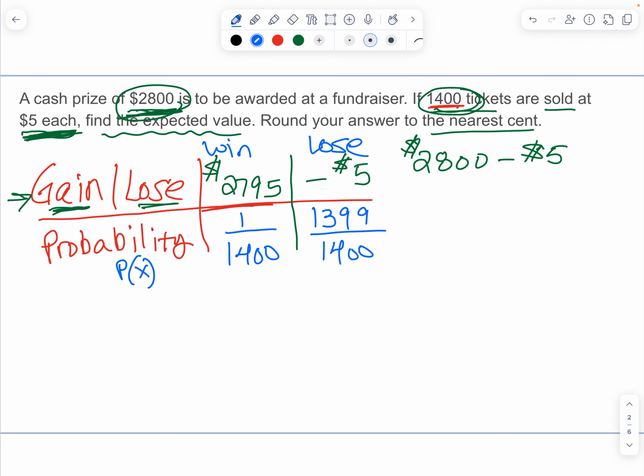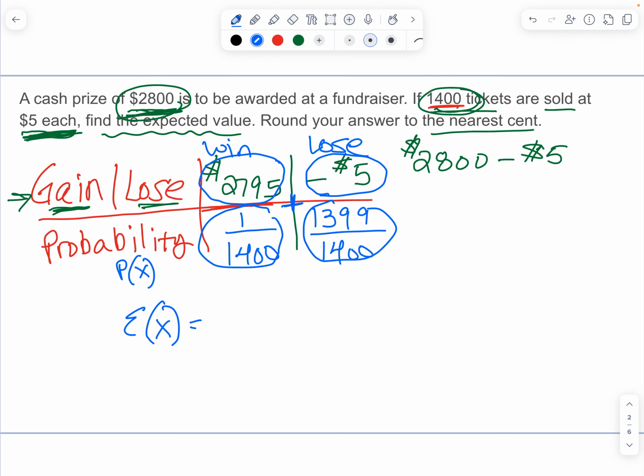Okay, so how do we figure out the expected value? So for the expected value, we're just going to multiply our gains or our losses times the probability and add that to our losses times the probability. So what does that look like?